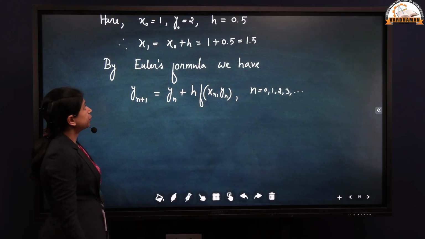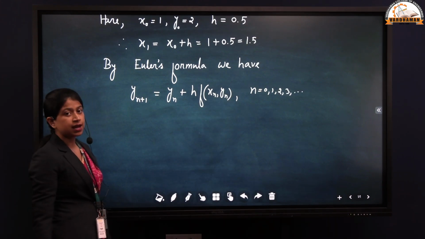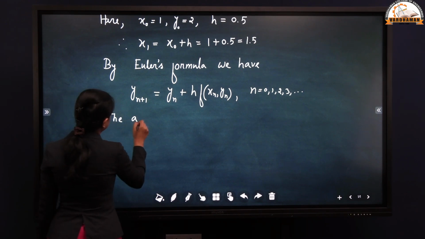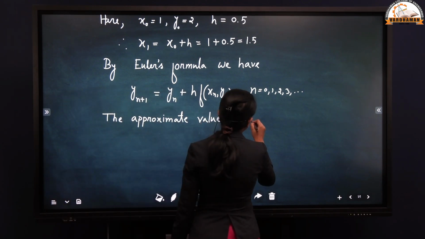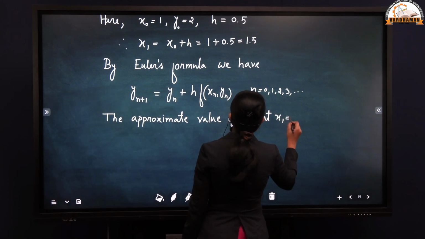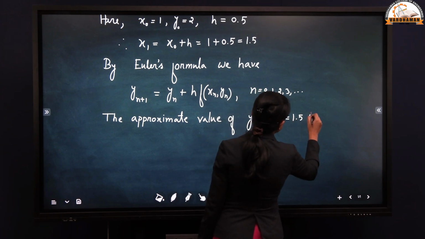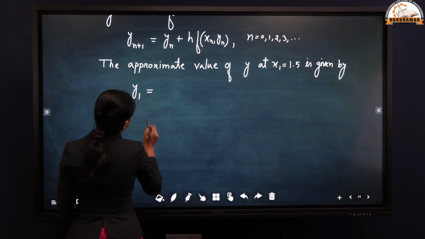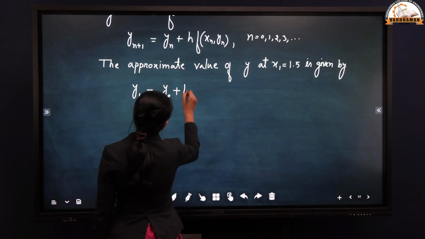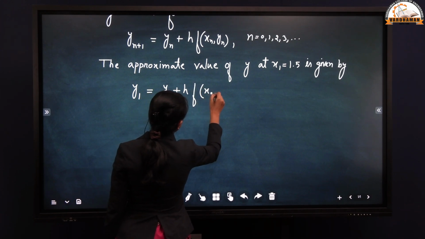Now we will find the approximate value of y at x1. The approximate value of y at x1 equal to 1.5 is given by y1 equal to y naught plus h into f of x naught comma y naught.